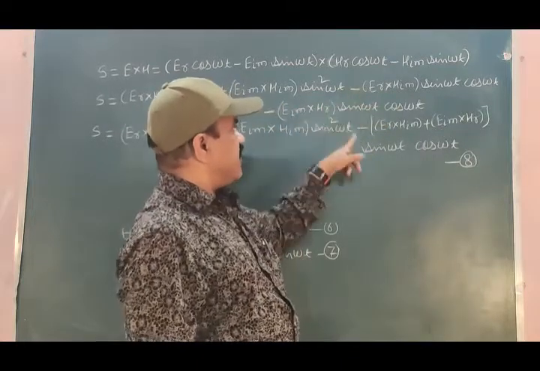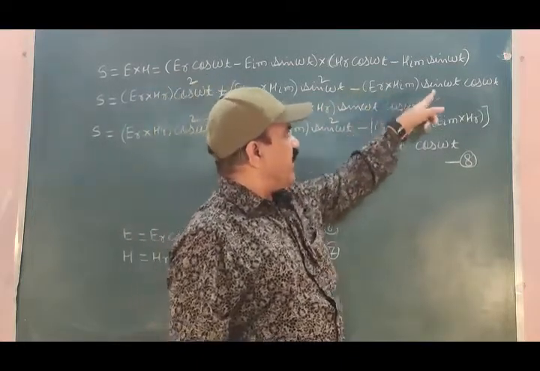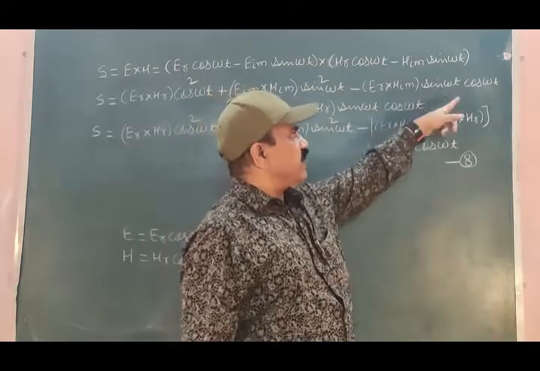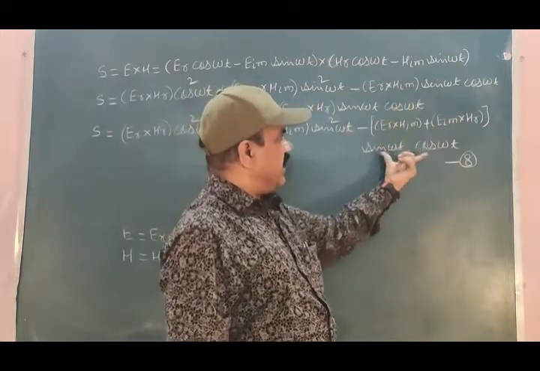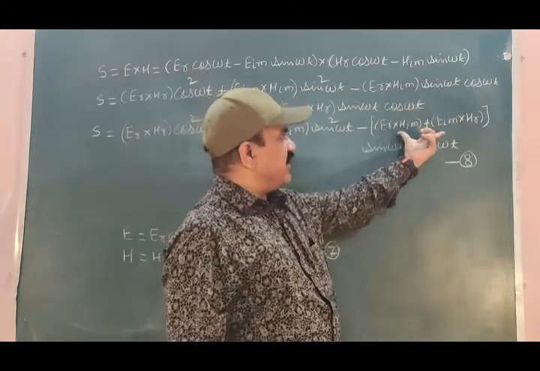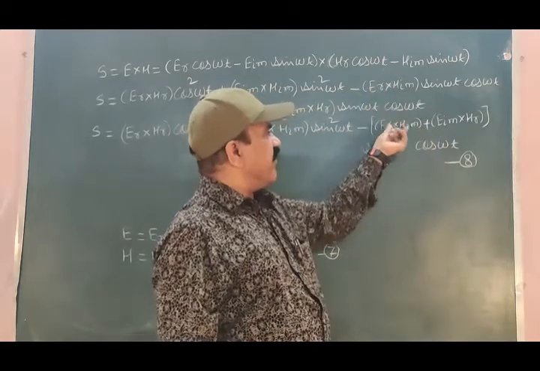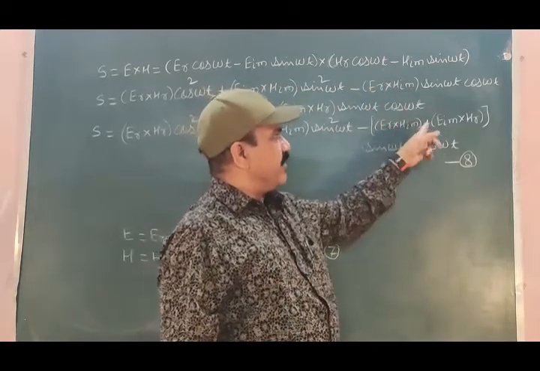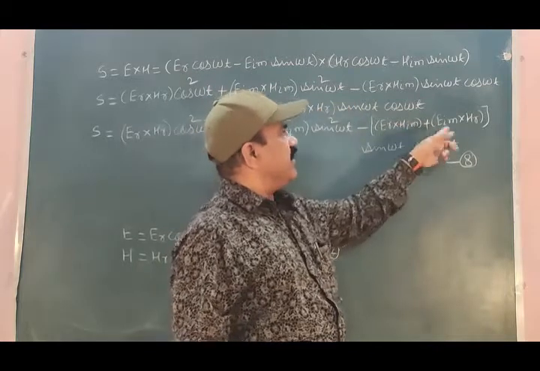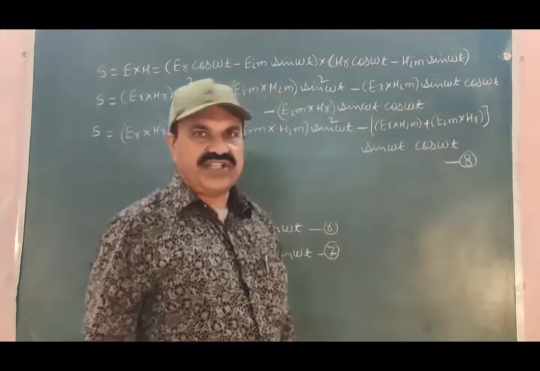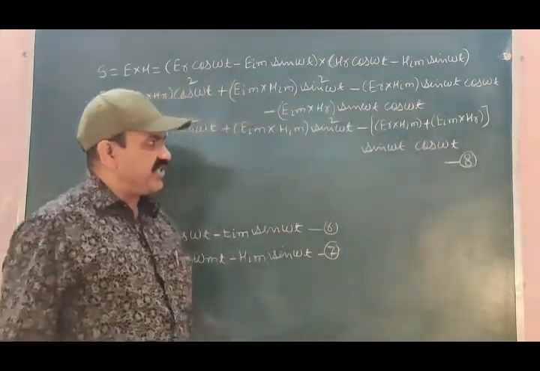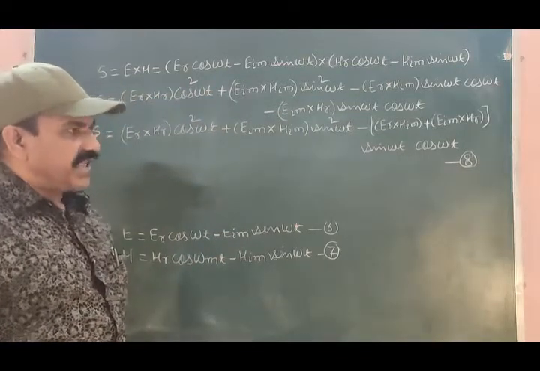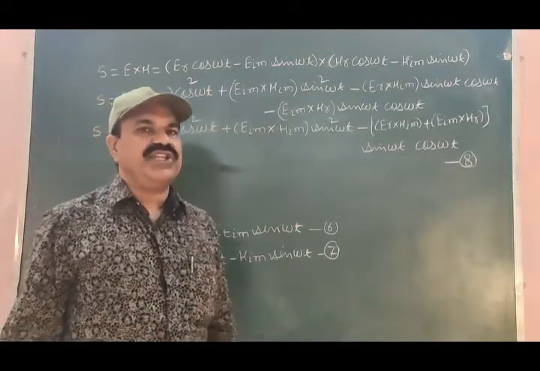From these two terms minus is taken outside, sin omega t cos omega t taken common. What is left in the square bracket is the first term ER cross HIM plus the second term EIM cross HR. So, equation 8 is the expression for the Poynting vector.